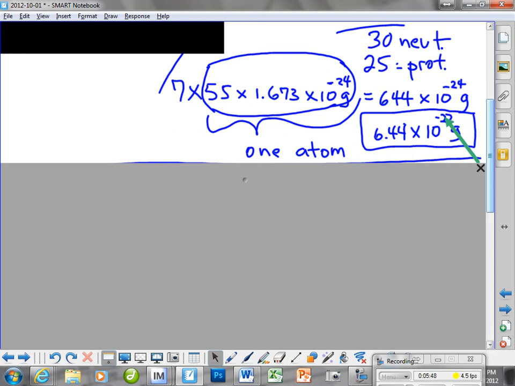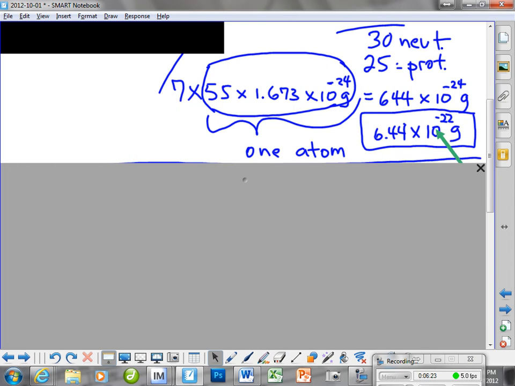Because we've already gone from here to here, which is 2, we have to subtract that from the 24, because I went the same direction that this negative power was telling me to go. Negative powers always move decimals to the left. Positive powers will move it the other direction. But when it's a negative power and we move the same direction, see where we put the decimal? Okay, that makes this one have to be 2 less.